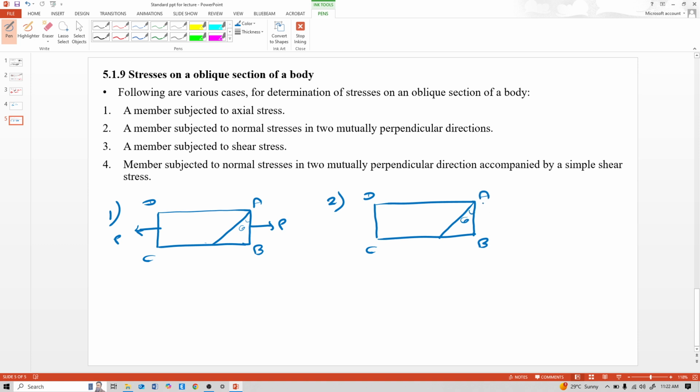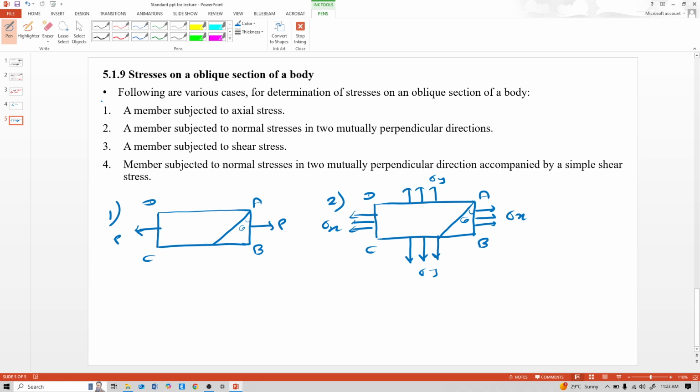Here sigma x stresses on AB plane, here also sigma x stresses on DC plane. Two mutually perpendicular directions means this AD plane direction also has sigma y. So this is the second bullet point.